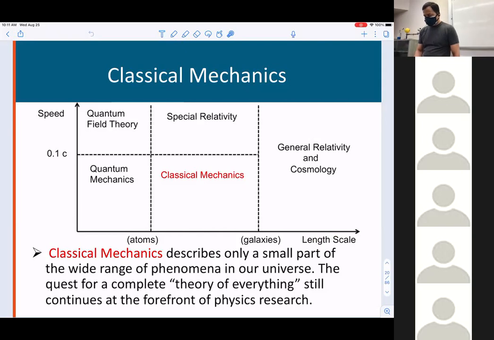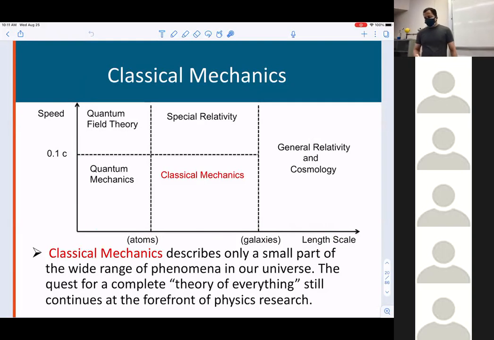At very small length scales, you're studying the physics of atoms, and at very large length scales, you're studying things as big as galaxies. And on this vertical axis is the typical speeds of the elements of the system that you're studying. If you're at very, very small speeds, then you're in the non-relativistic limit. If you're at very, very high speeds, then special relativity becomes important.